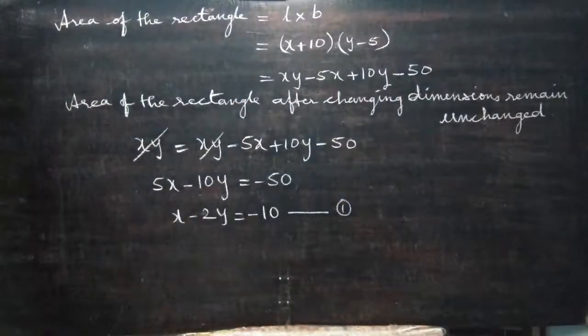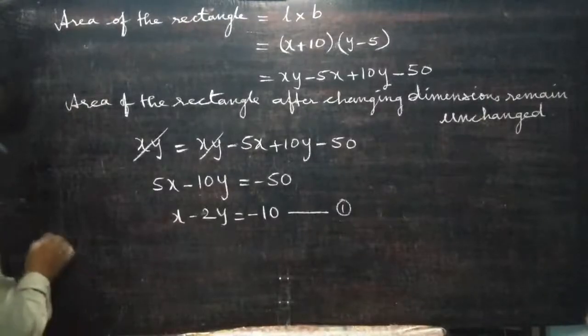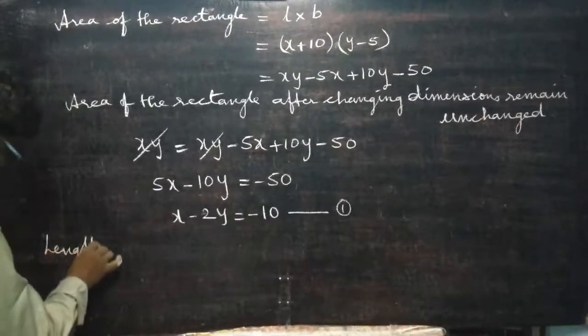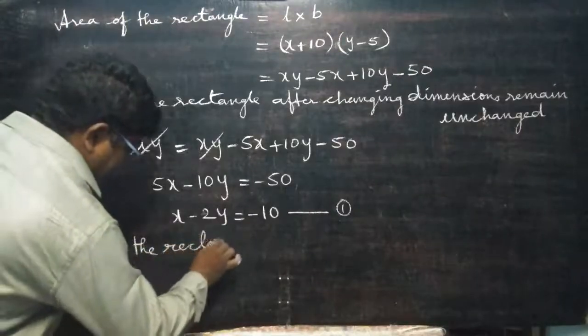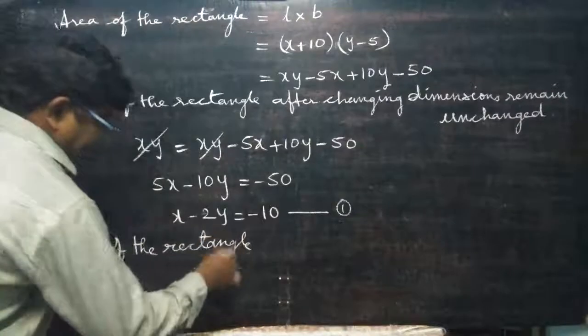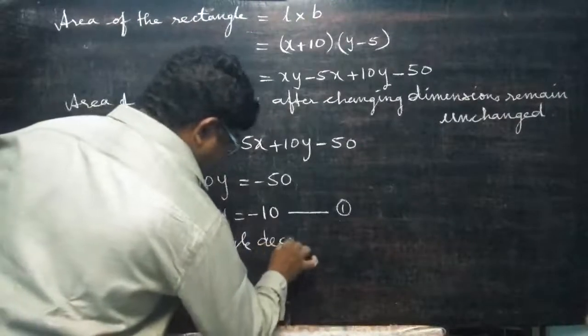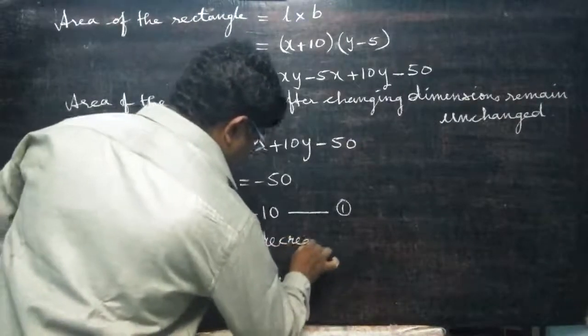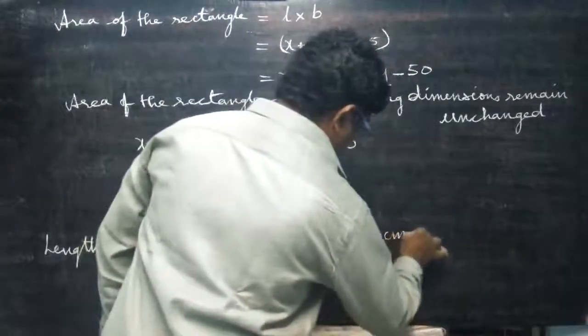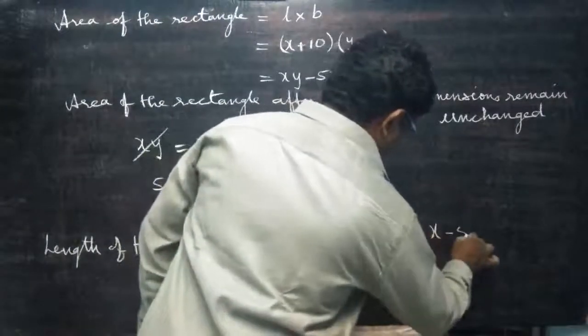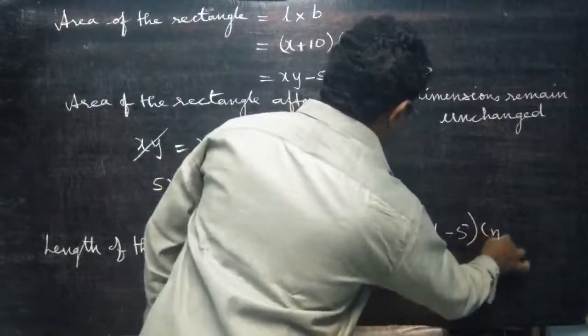Okay. Now next, there again they are telling, what are they telling? If the length is decreased by 5. Now, length of the rectangle decreased by 5 centimeters. This time length is decreased: x minus 5 centimeters.